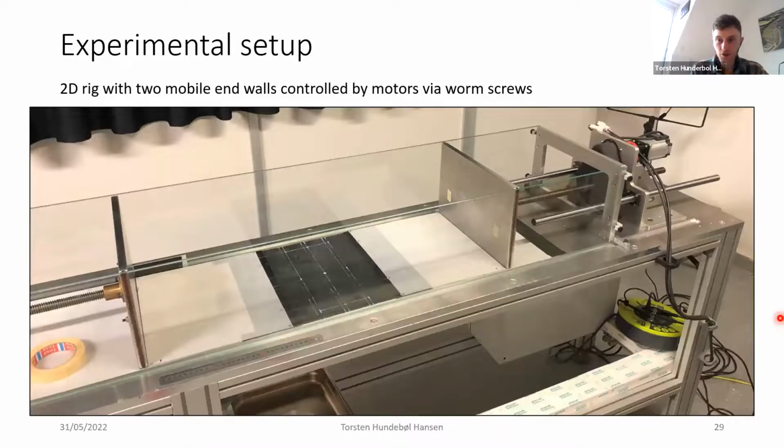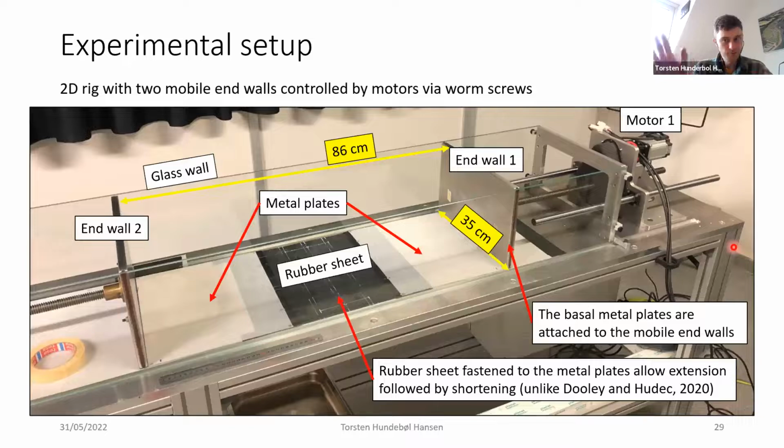Here's our apparatus in Barcelona. We have two end walls that are both attached to worm screws that connect them to two motors. You only see one of the motors here. Along the sides we have glass walls. They give some friction, but you can get a good sense of what's going on in your model.